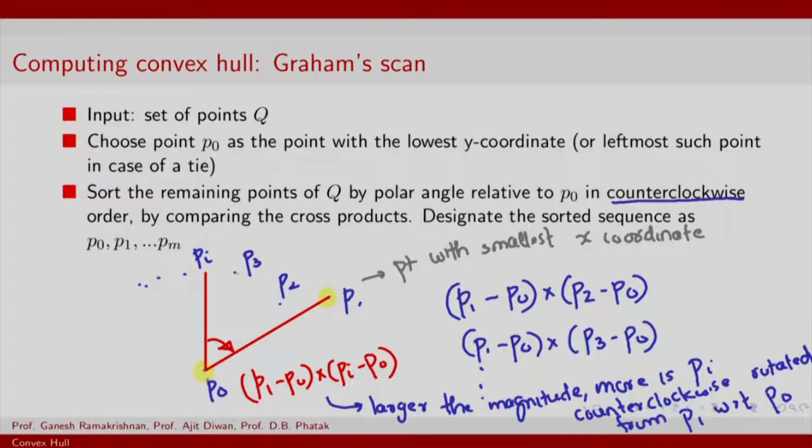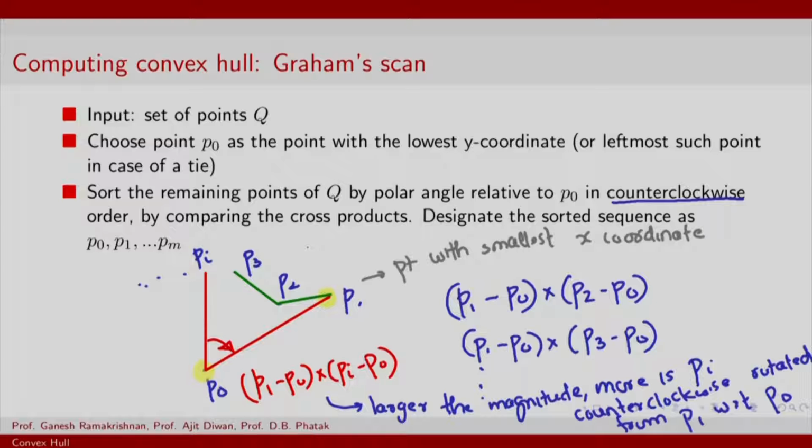So we look at the angle suspended at P2 from P3 and from P1. What we find here is with respect to P2, P3 is counterclockwise from P1.